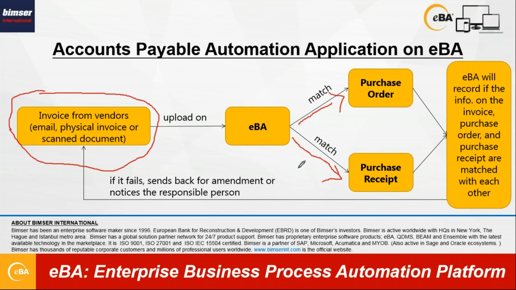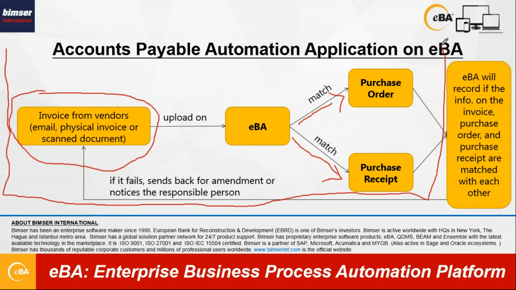An example process that you will see in this video is, once we upload our invoice, we will match it with the information that we can see in the purchase order and purchase receipt in Acumatica. And this part is the core of this application.